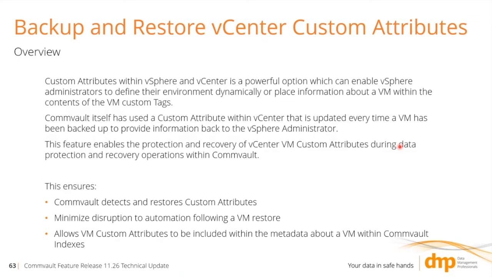Because the custom attributes are part of the restore, the virtual machine will, for example, be automatically placed in the correct group or in the correct folder. And that also allows the VM custom attributes to be included within the metadata about the VM within the Commvault indexes.